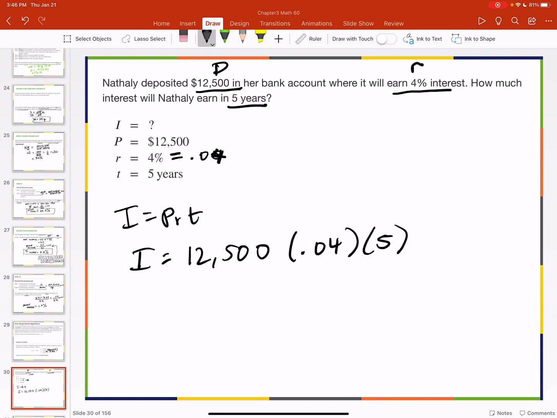So let's go ahead and do that. Sorry about that, I keep messing up. 12,500 times 0.04 times 5 is $2,500. So that's how much interest she's going to earn in 5 years. That's pretty good.